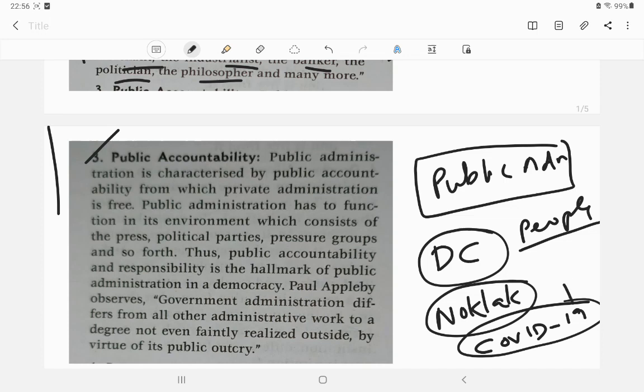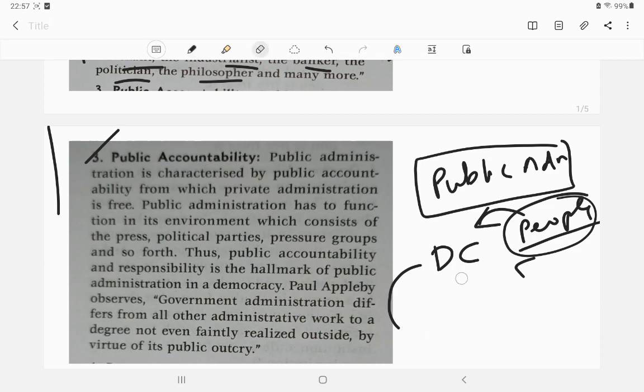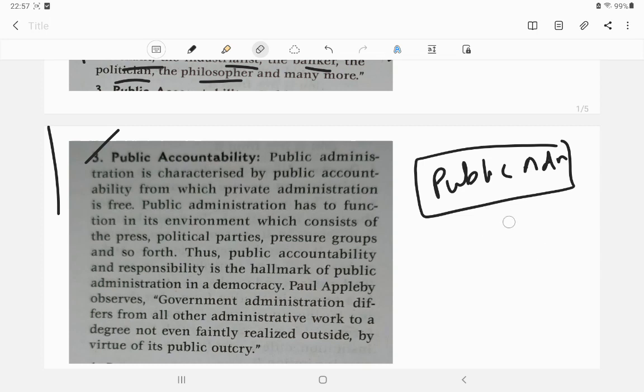The people will obviously complain to the deputy commissioner to take measures to control this outbreak. If the deputy commissioner does not act, the people will complain against him and he may get transferred. In this way, a public administrator is accountable to the people.